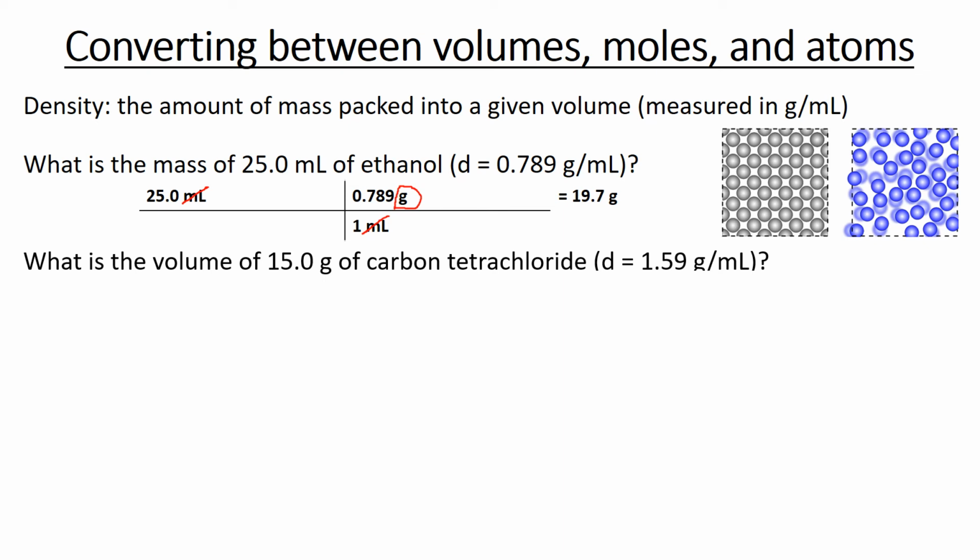All right, now we can go ahead. We start with the 15.0 grams, and then we say 1.59 grams is the same thing as 1 milliliter. That's equal to 9.43 milliliters.